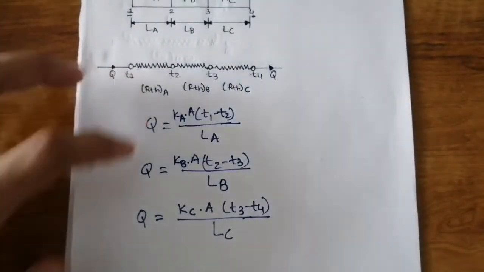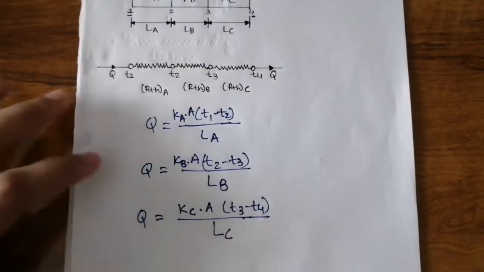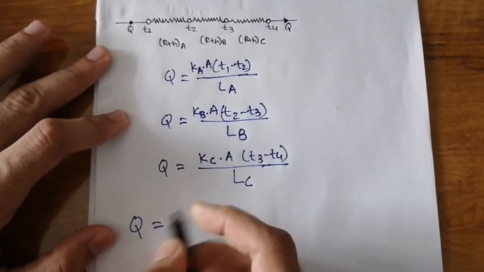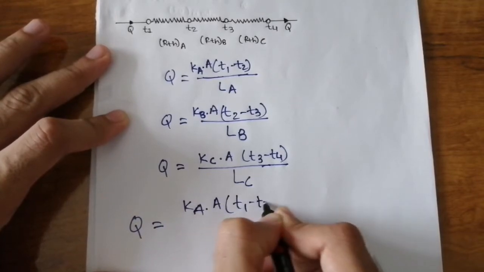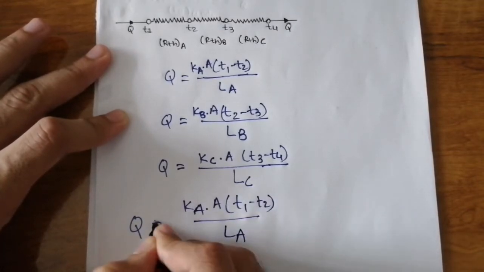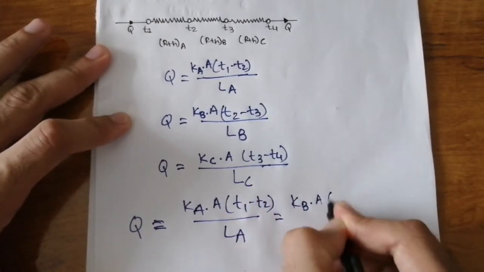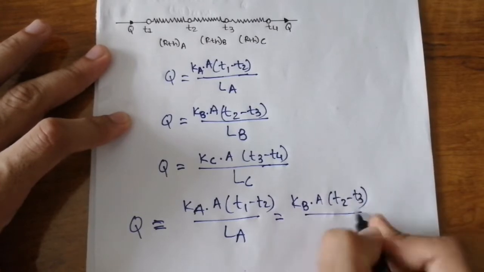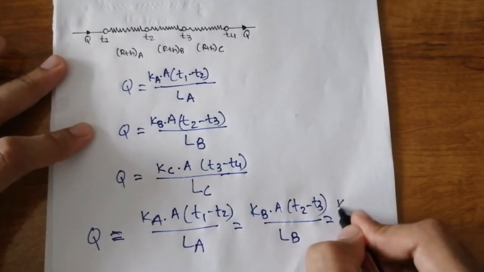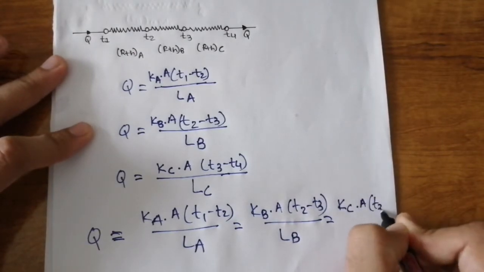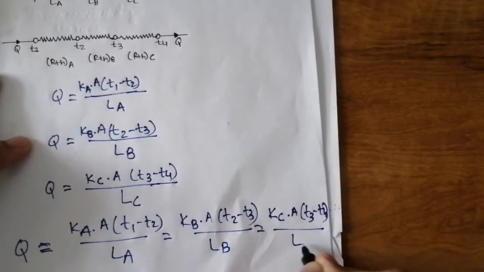So Q is the same for all layers. We write Q is equal to Ka into area into T1 minus T2 divided by La for layer A, which is equal to Kb into area into T2 minus T3 divided by Lb, which is equal to Kc into area into T3 minus T4 divided by Lc.